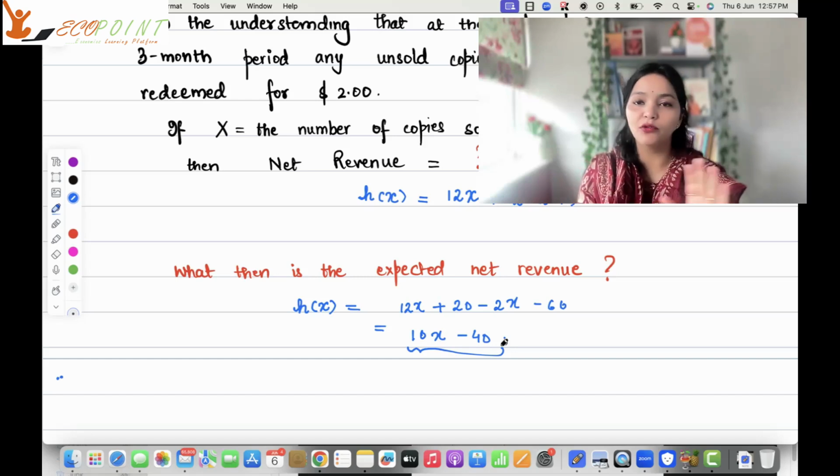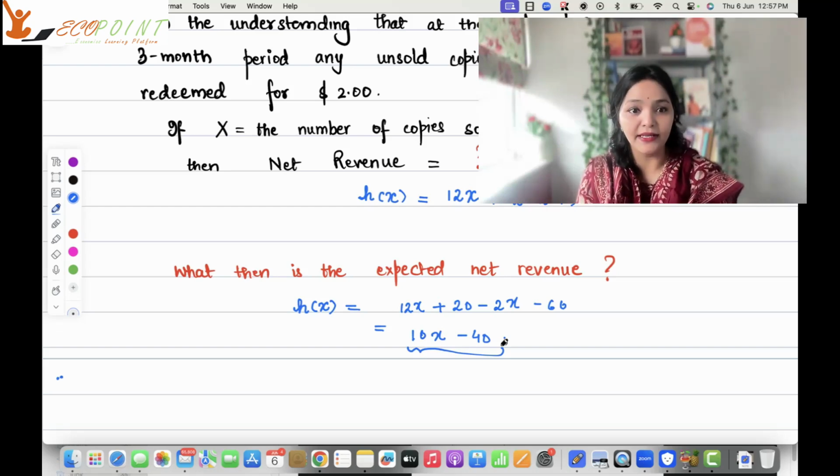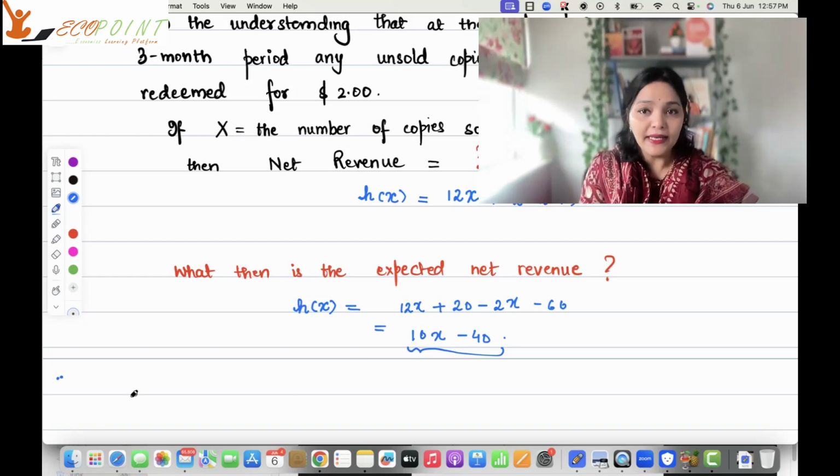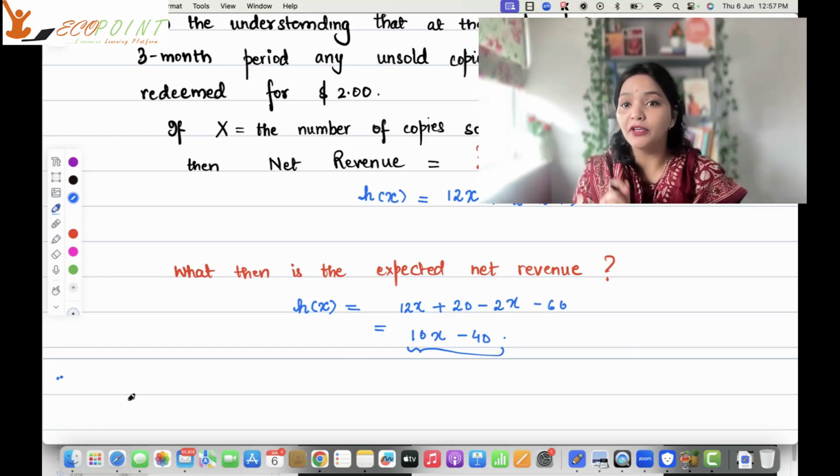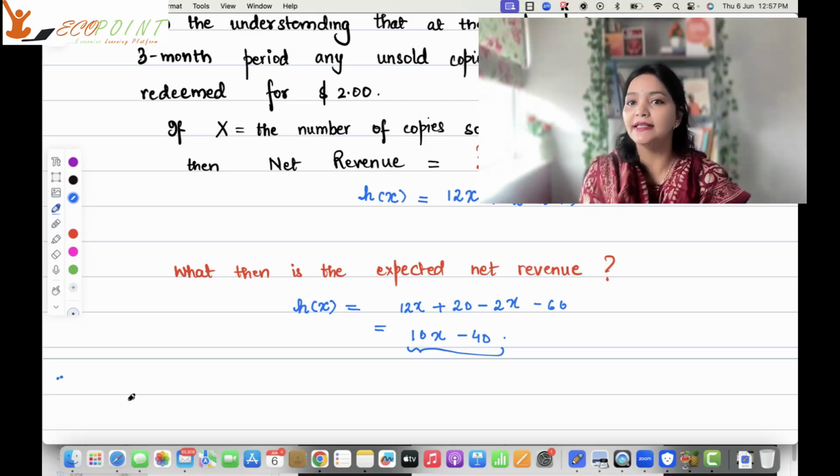Now, I know how to find the expected value for any random variable x, but for that, I need to have probabilities attached to various values that x is taking, right? So let's extend this example. In case I am given enough information about the random variable x, I can easily compute the expected value of 10x minus 40 as well.